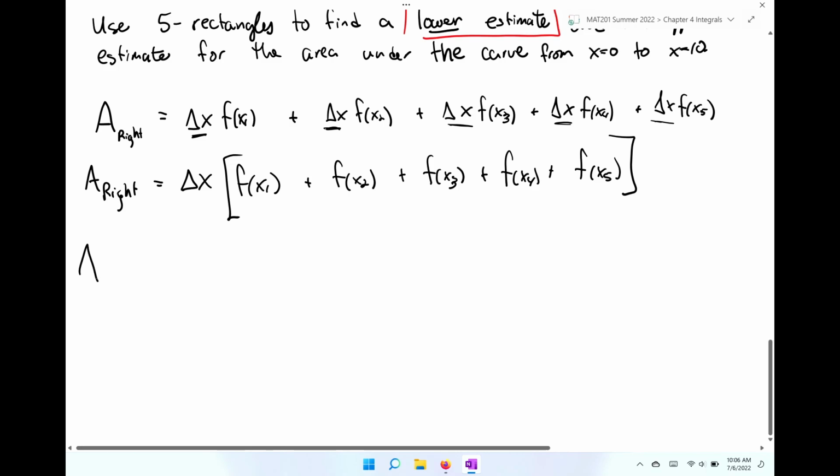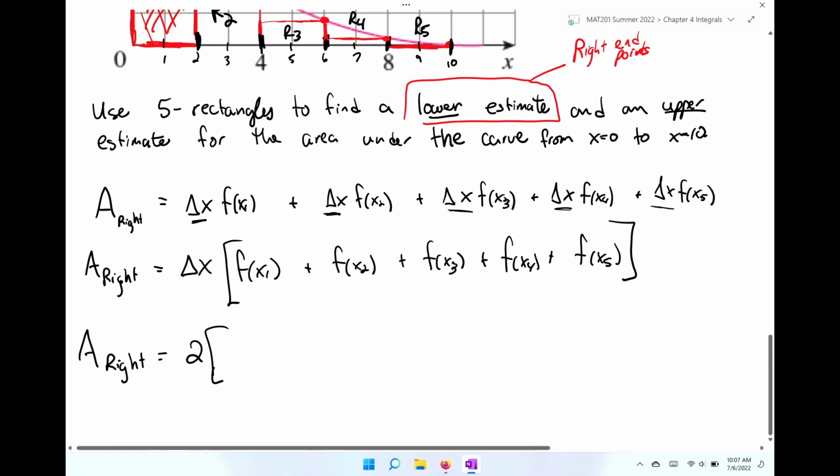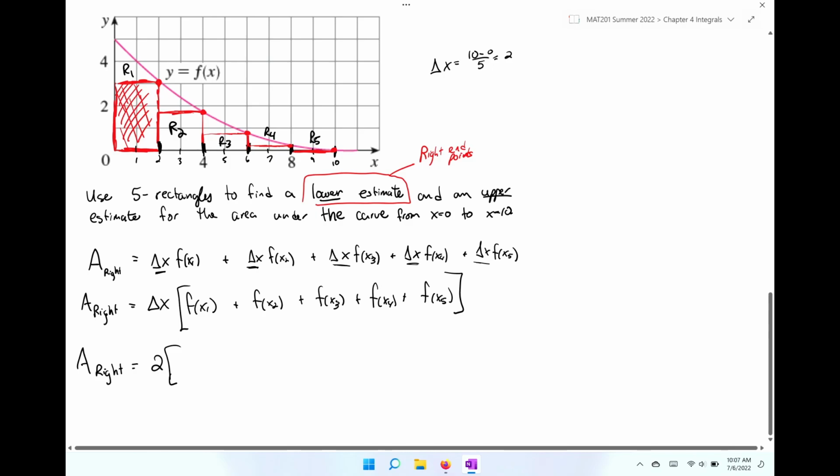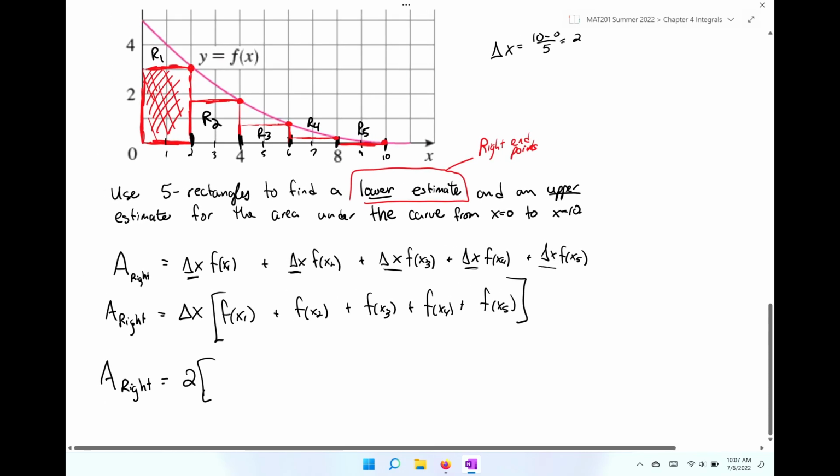All right, and then finally, we know delta x was 2. So all we're going to do is just zoom out, and we're going to approximate each one of these heights for us here. So the first one is pretty simple. I think that is 3.